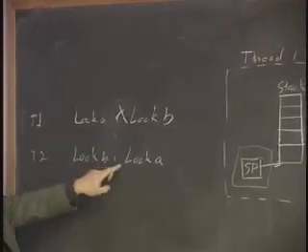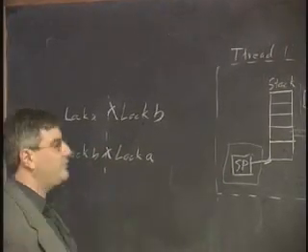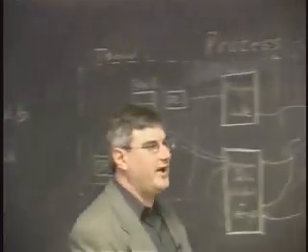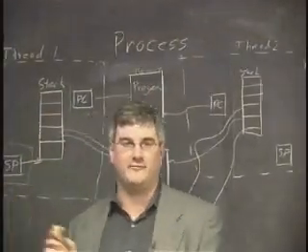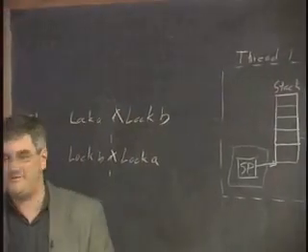And T2 is trying to lock A, but T1 has it, and he's blocked. And so you're stuck, and it just stays that way forever. That's why it's called deadlock, or occasionally the deadly embrace.